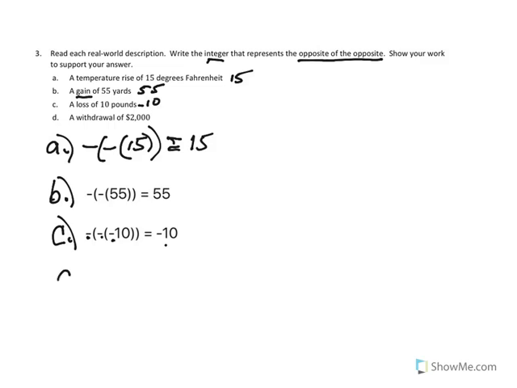All right, so now D. A withdrawal of $2,000. What's the opposite of the opposite of that? Okay, a withdrawal is negative 2,000, and the answer is negative 2,000, because that's the original number. That's the final number.